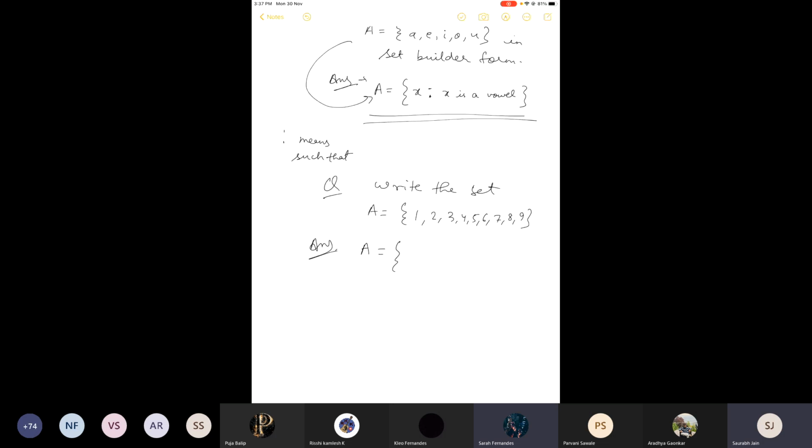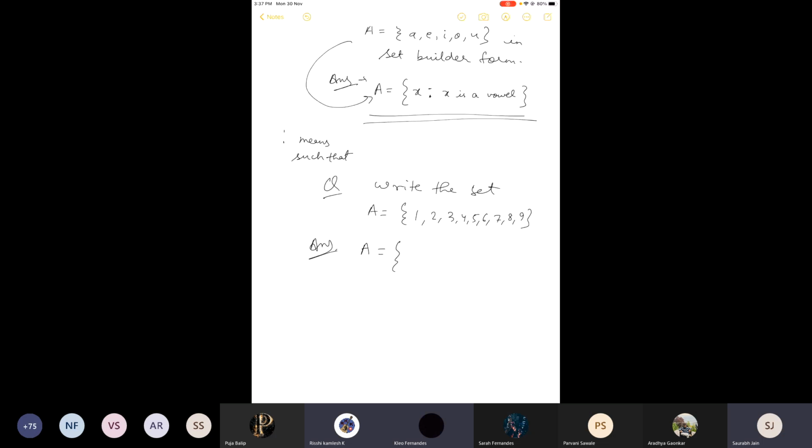See, this is also incomplete. When you say x is such that x is less than 10, okay, try to understand, then I can take 9.7. 9.7 is also less than 10, but that is not present in the set. So be accurate. Yes, anyone else?